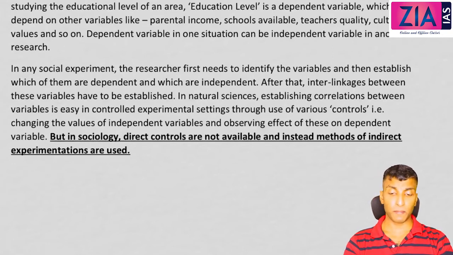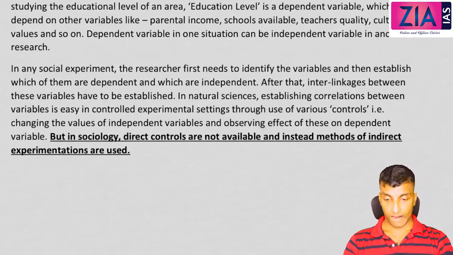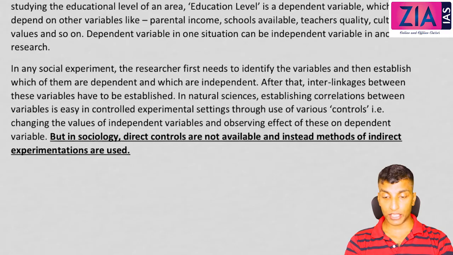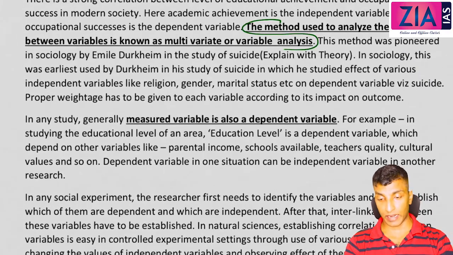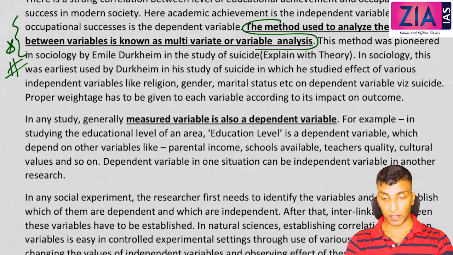So all these are independent, and these are dependent variables. Then talk about multivariate analysis. The method used to analyze the relationship between variables is known as multivariate or variable analysis. So this you have to add with the theory of Durkheim here.